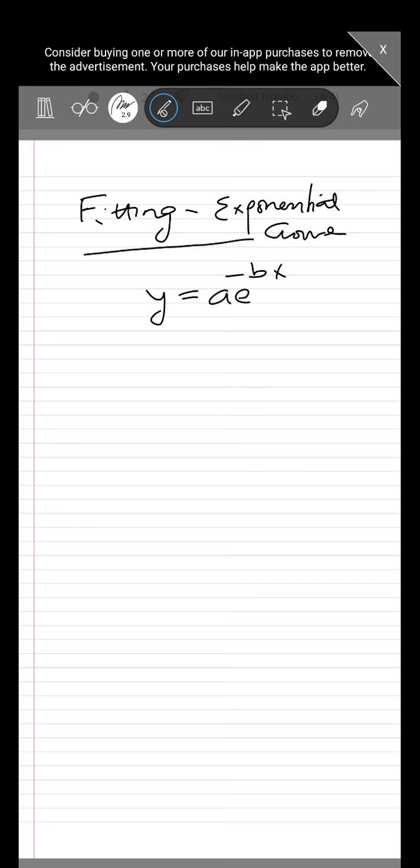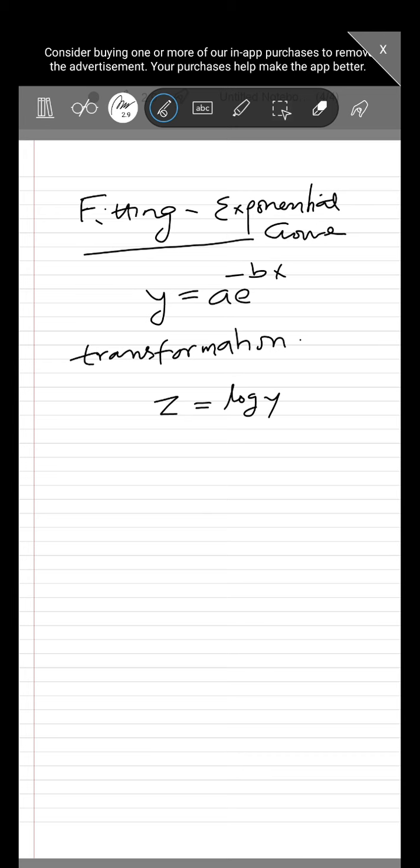And so we will use a transformation relation. We will say that let z be equal to log of y.